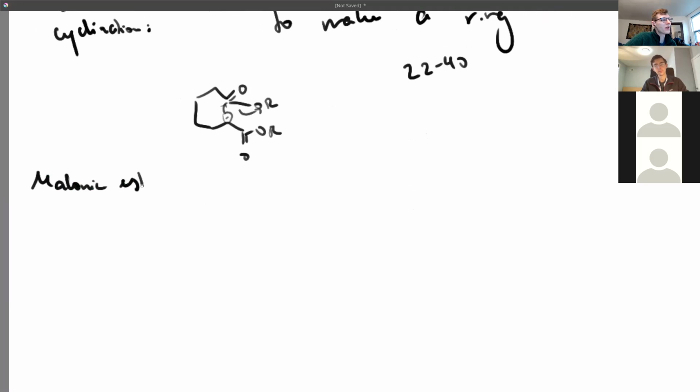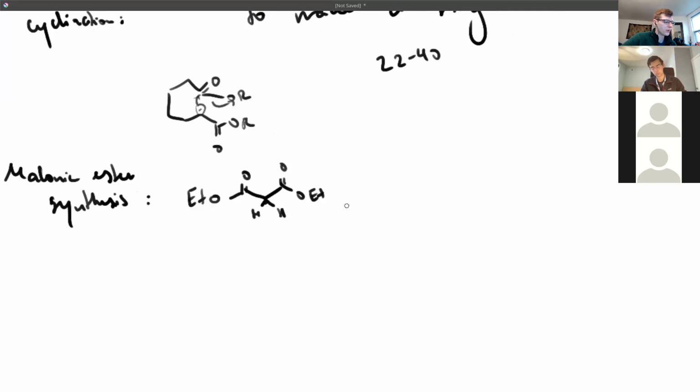Okay, there's a couple more. There's the malonic ester synthesis, which is very useful because we take this thing, which has these several ethyl groups. And these hydrogens here are actually acidic because there's 2 carbonyls there, right?